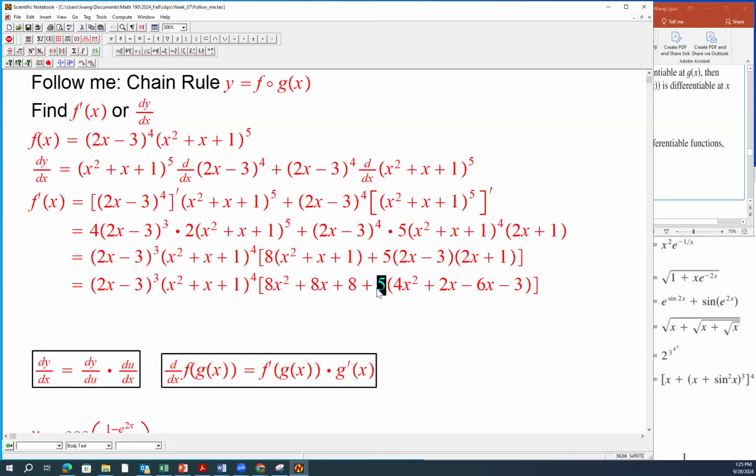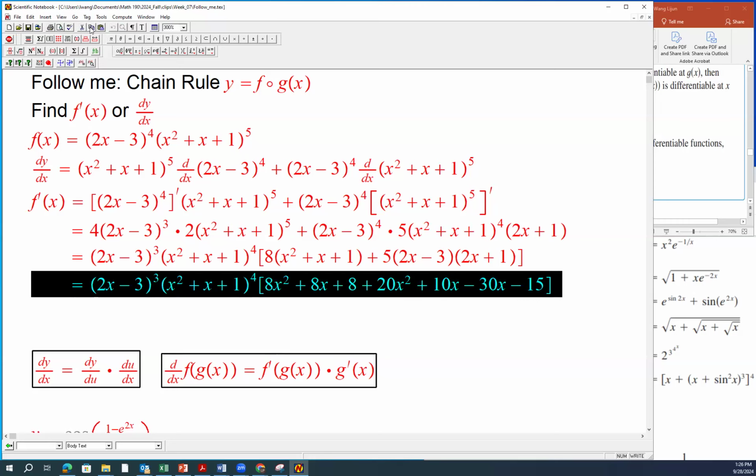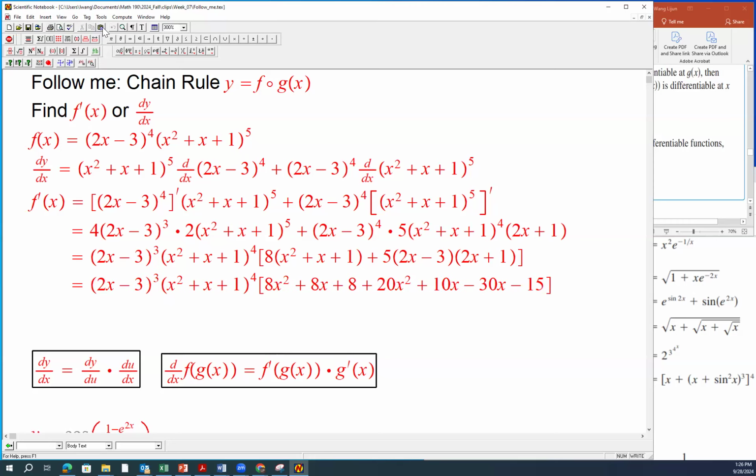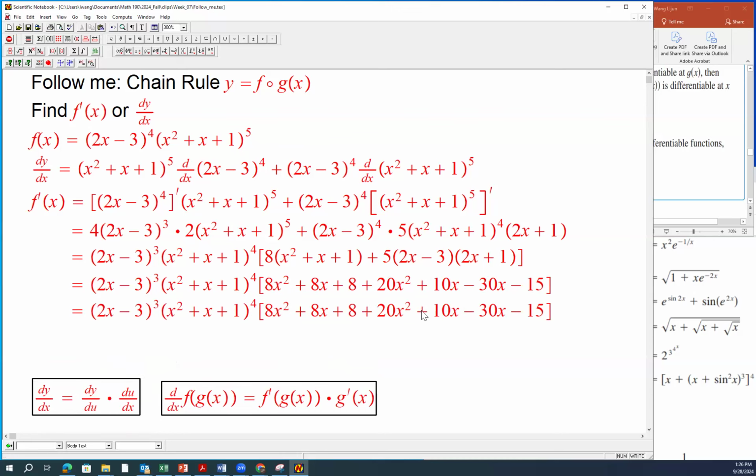And multiply 5 inside, right? So 5 times 4 is 20. 5 times 2 is 10. 5 times 6 is 30. 5 times 3 is 15. And then we remove the parentheses, or you can do it on scratch paper or write a few more lines. I'm just doing it here, combining like terms. x squared, right?